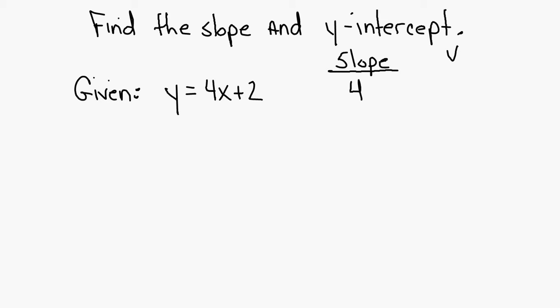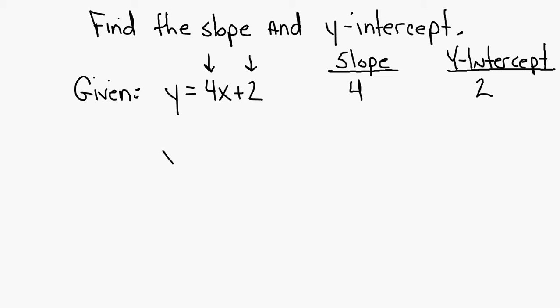And what would the y-intercept be? 2, good. Whatever's between the equal sign and the x, that's your slope. Whatever's to the right of the x by itself, that is your y-intercept.